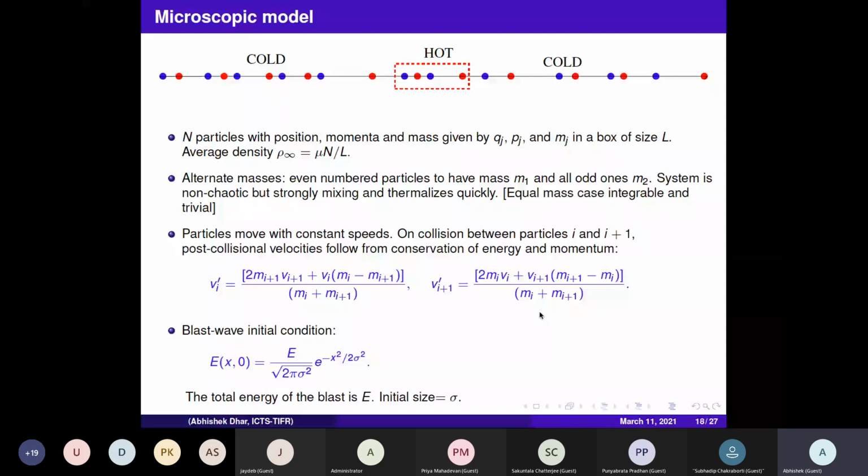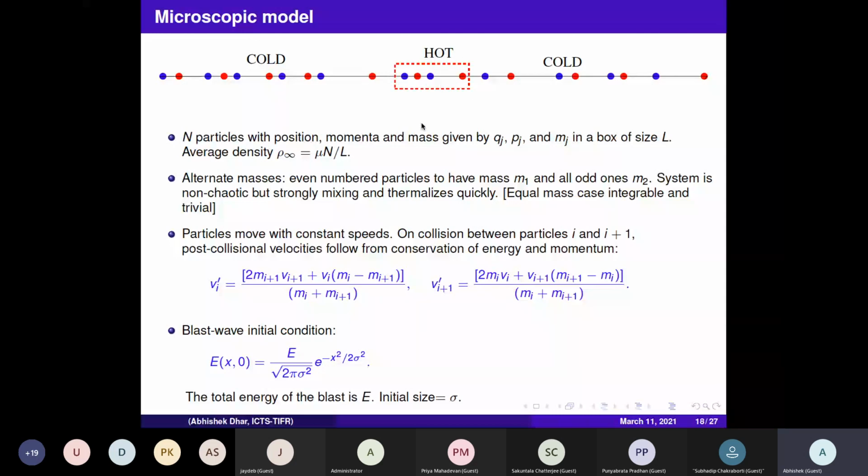Then for the initial condition, we want to create this blast, which we do by taking a small box of size sigma, and giving each particle a momentum chosen from a Maxwell distribution at temperature T. So we set the initial temperature of all these particles to be some very high temperature, and give them random momenta in random directions.